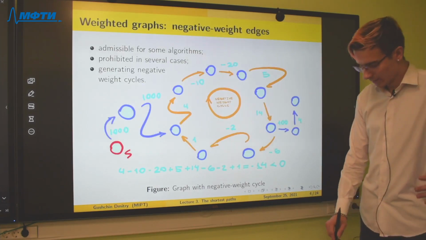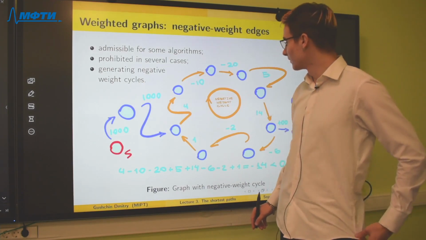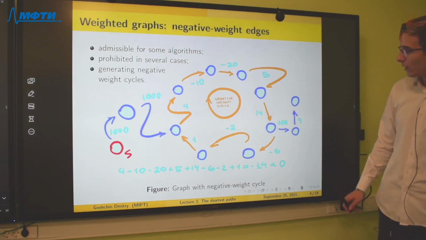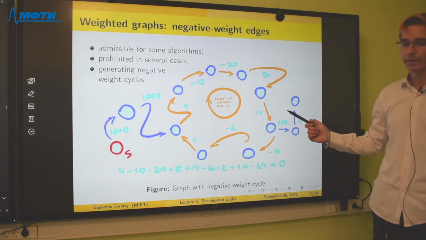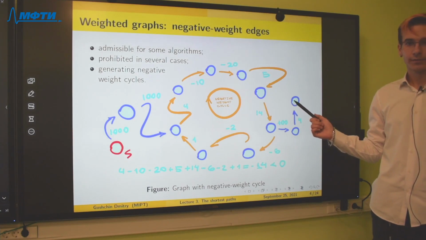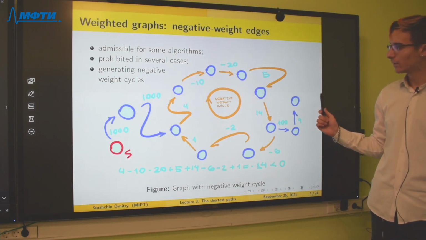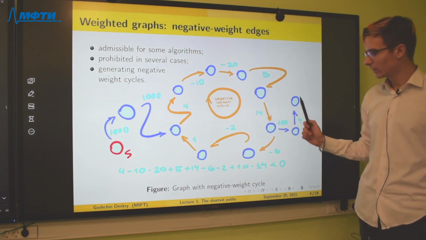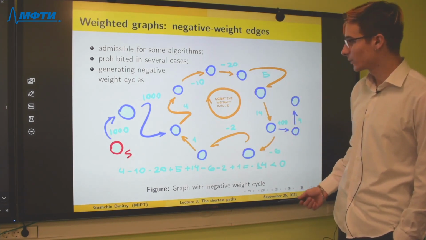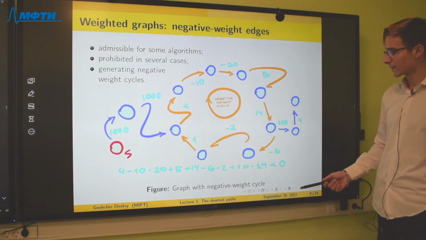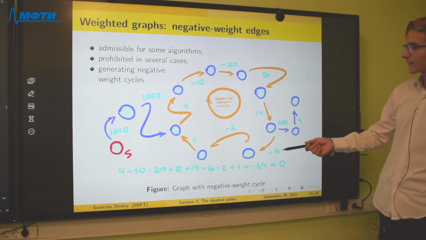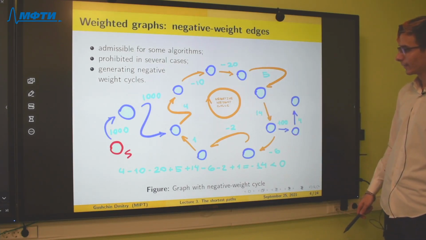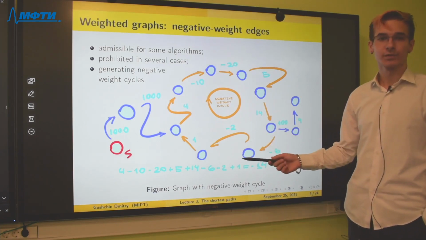Firstly, about bad cases of weighted directed graphs: it's about negative weight cycles. What can you say about a graph with a negative weight cycle? For example, we have an example on the board with some vertices connected into one cycle that has a negative sum.